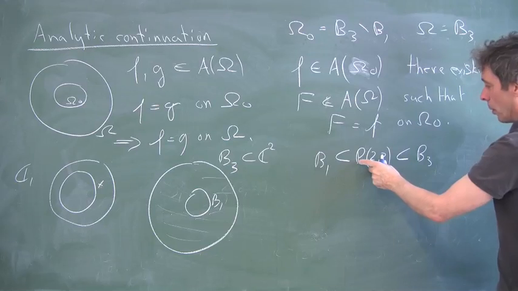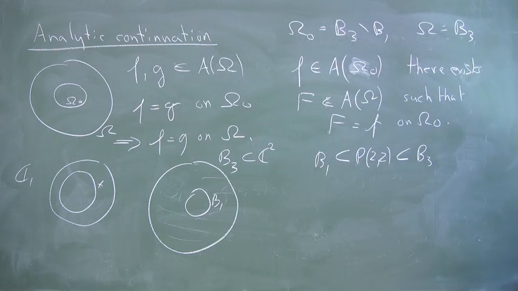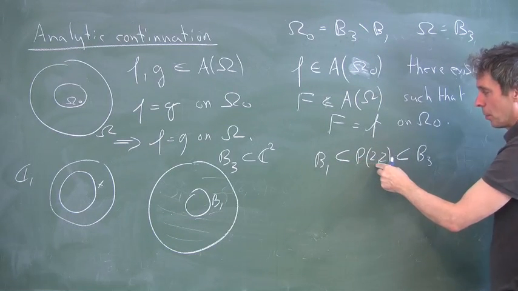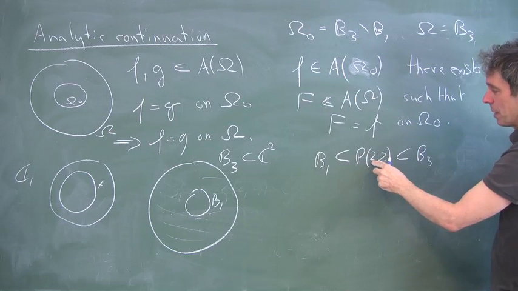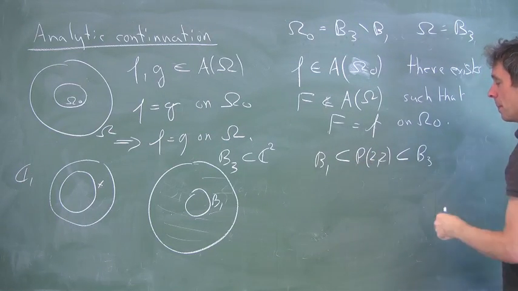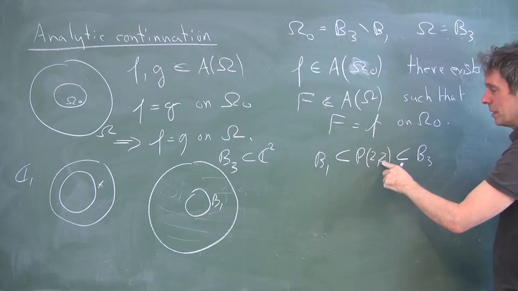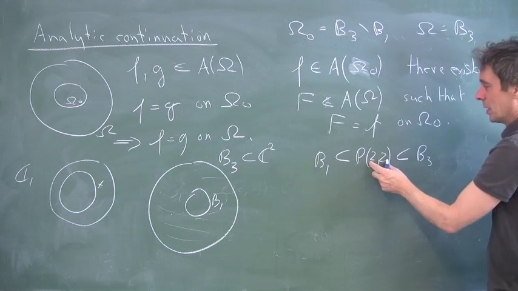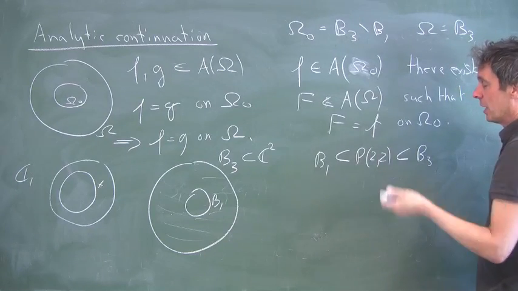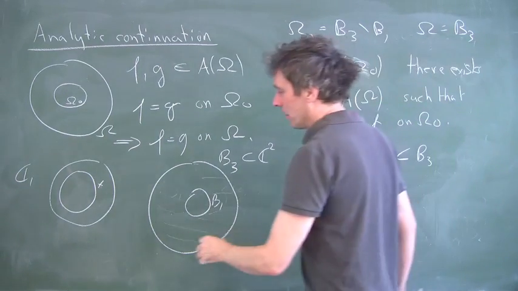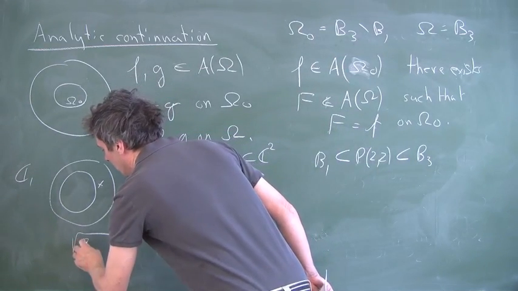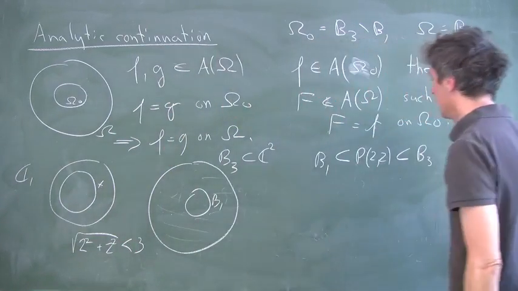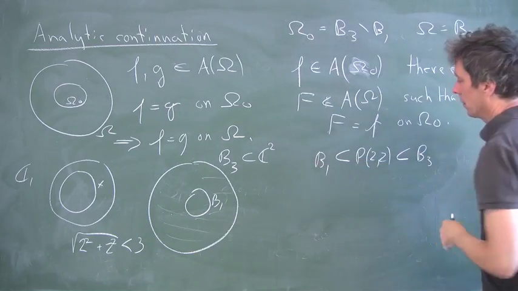On the other hand, this polydisk is now contained in B3 also, because the maximal distance to the origin from a point in the polydisk is that, well, the first coordinate can have maximal distance 2, and the second coordinate can also have maximal distance 2, and so the combined point can have at most maximal distance the square root of 2 squared plus 2 squared, which is the square root of 8, which is less than 3. So we have these inclusions now.